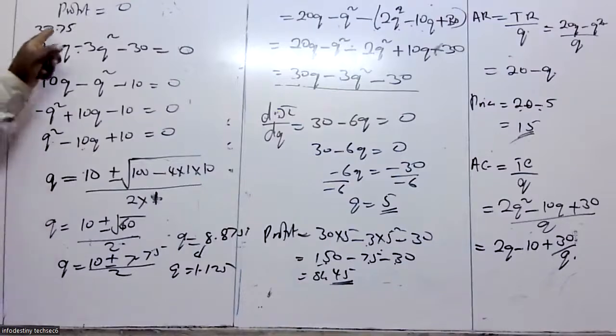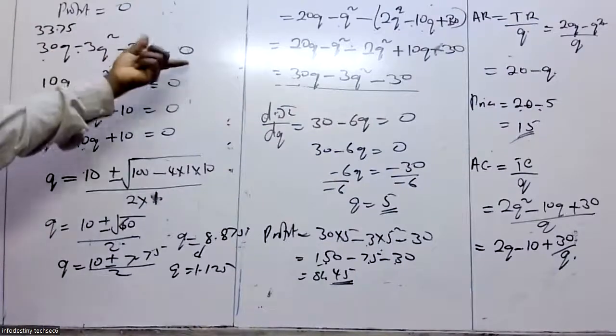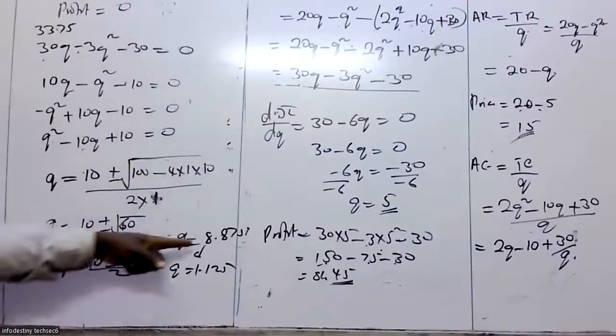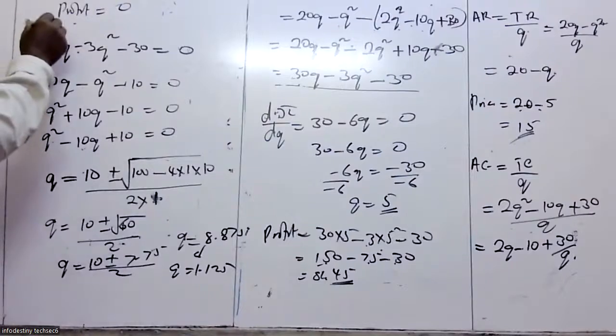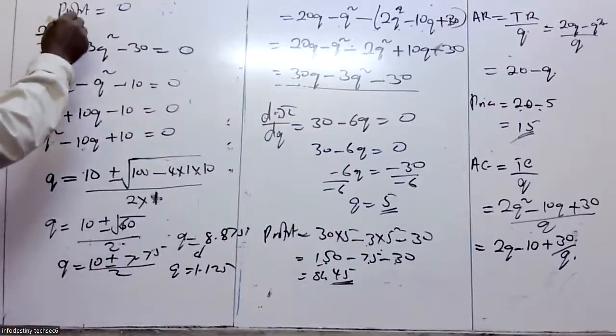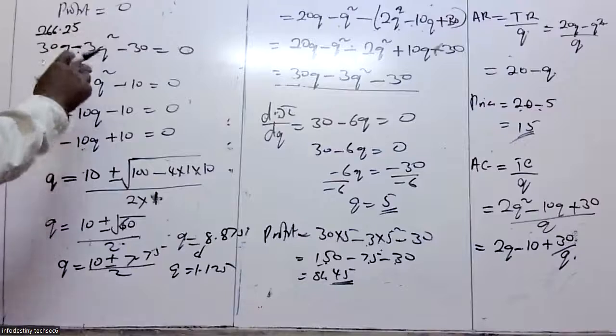So 33.75 minus 33.8, which means there was rounding off somewhere. If you subtract, it's almost zero. Let's try with this one. 30 times 8.875 is 266.25.